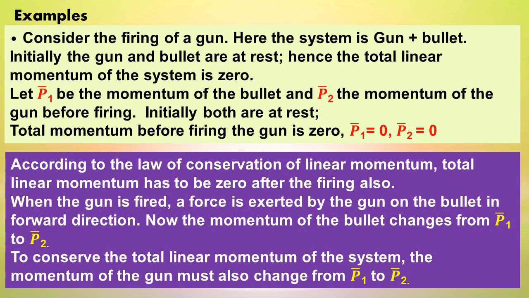So when the gun is fired, a force is exerted by the gun on the bullet in the forward direction. Now the momentum of the bullet changes from P1 to P2. To conserve the total linear momentum of the system, the momentum of the gun must also change from P1 to P2.